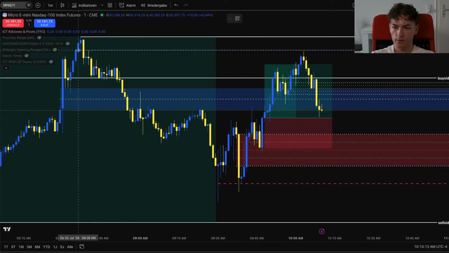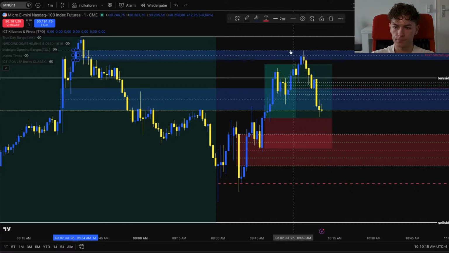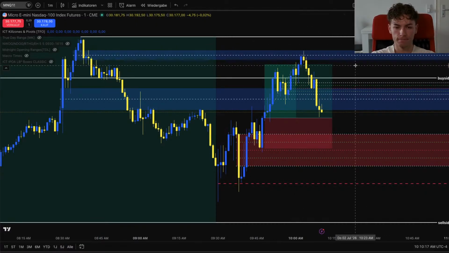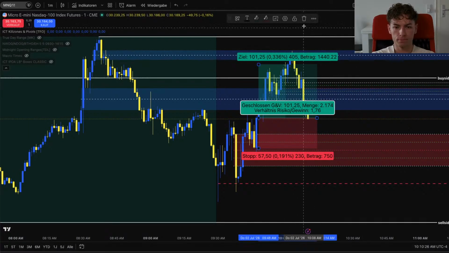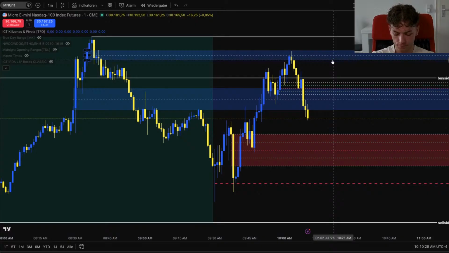Price respected this fair value gap in here. Seems like it's moving lower now, but I would have preferred price to take out the pre-market high and then reverse lower.